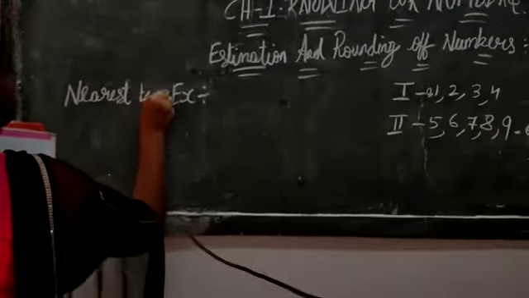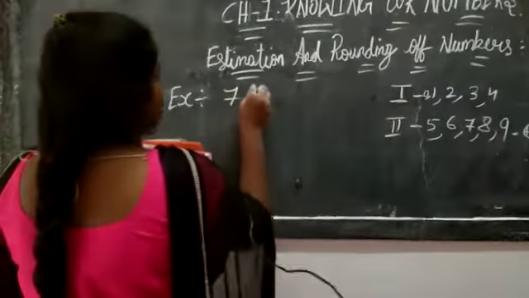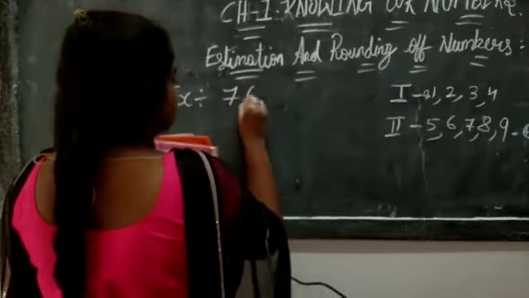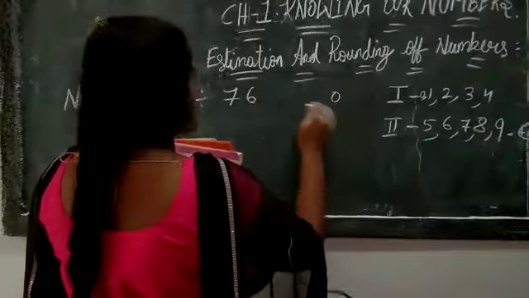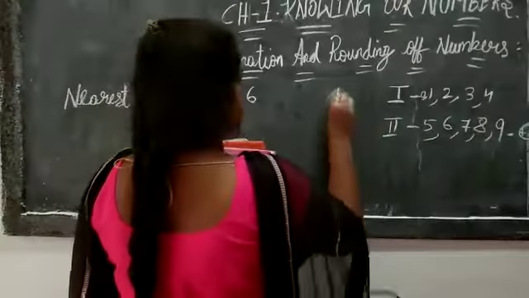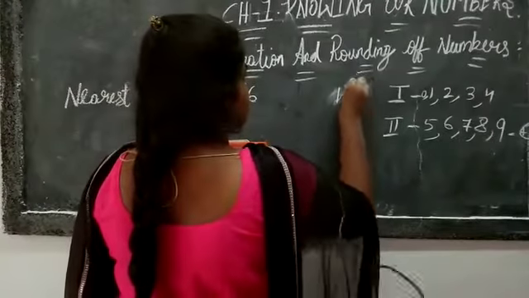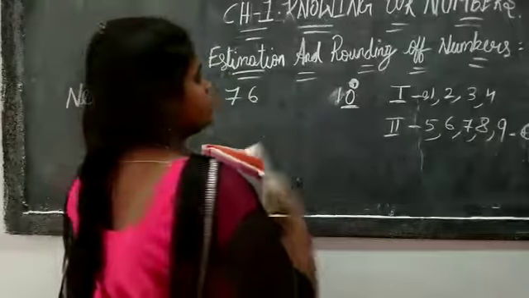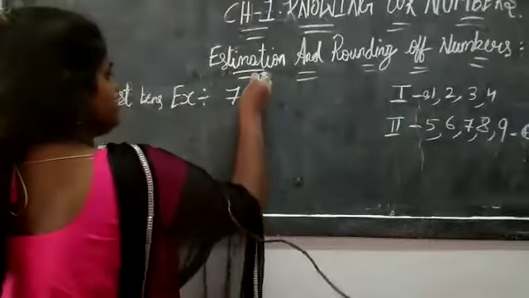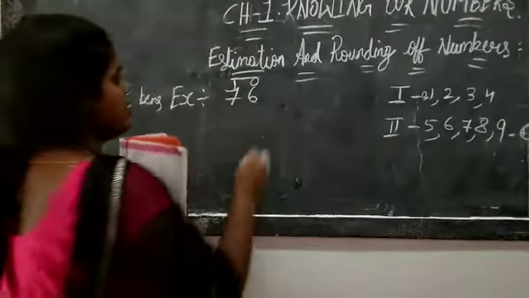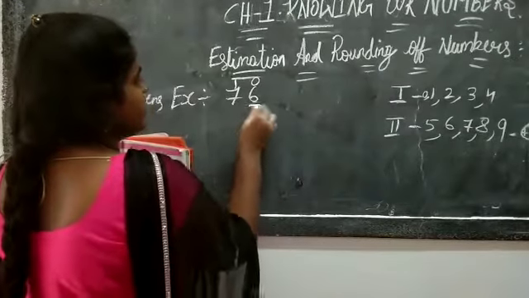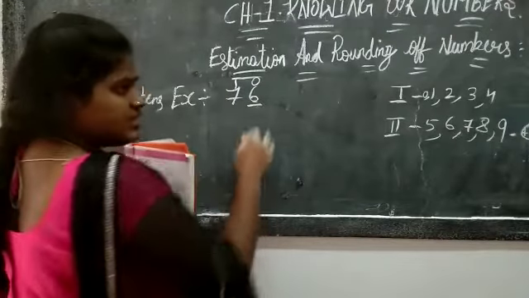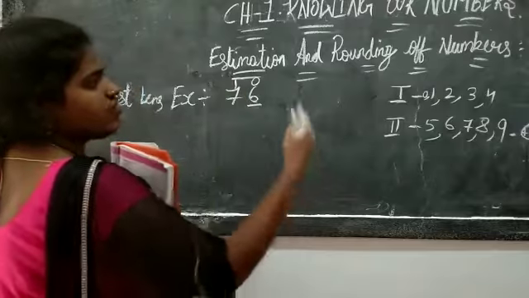Nearest tens. Now if you have 76, for 76 you are doing nearest tens. Tens means your ones place should be 0. So here we have ones and tens. Now your ones place should be 0. Also you check whether your ones place is 1, 2, 3, 4 or 5, 6, 7, 8, 9.